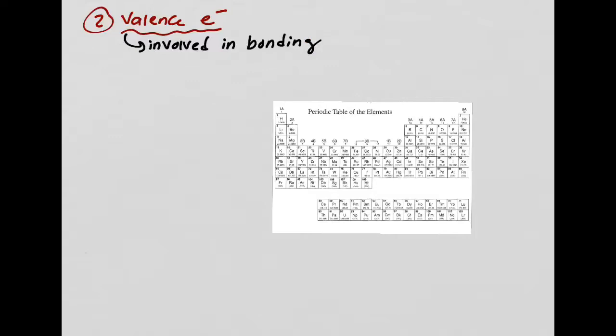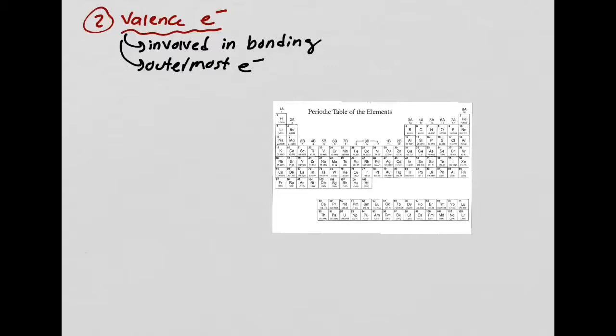Why? Because valence electrons are the outermost electrons. That means they're far away from the nucleus. If you're far away from the nucleus, you can't feel the plus charge anymore, so it's easy to play around.